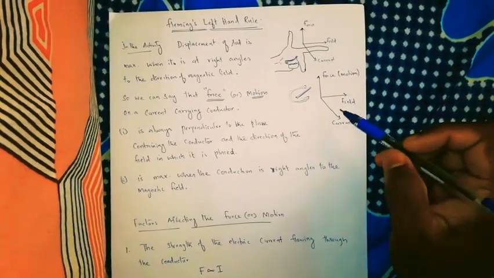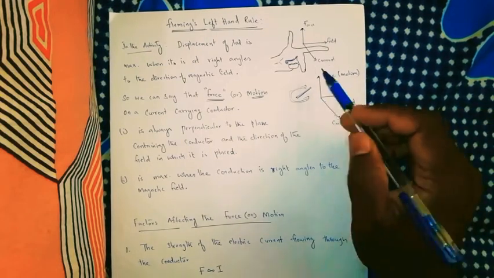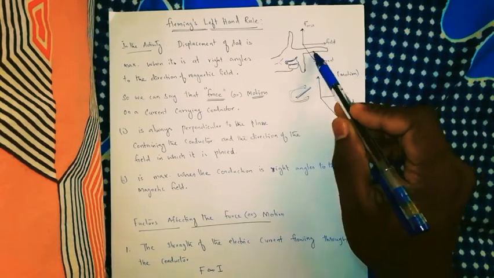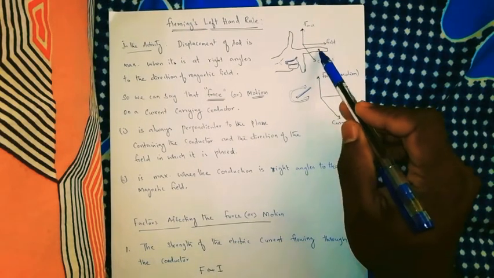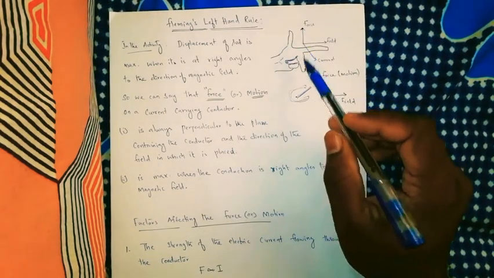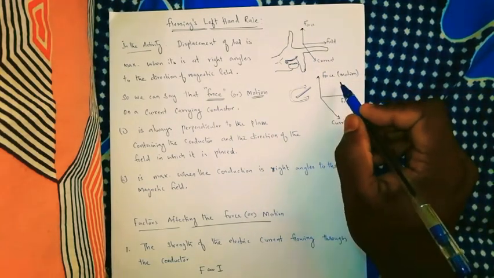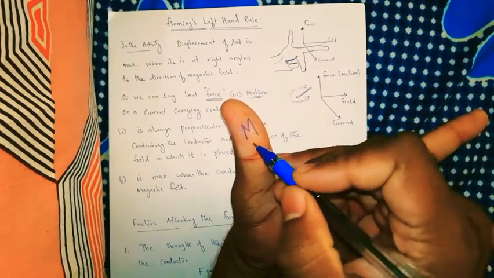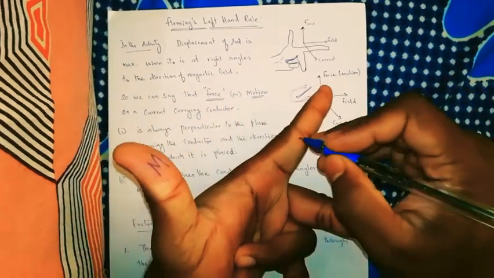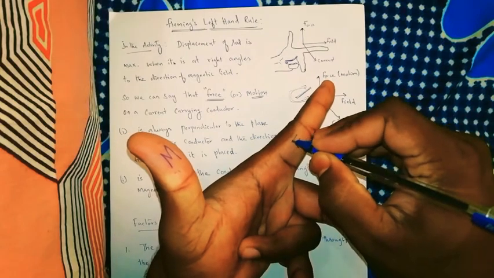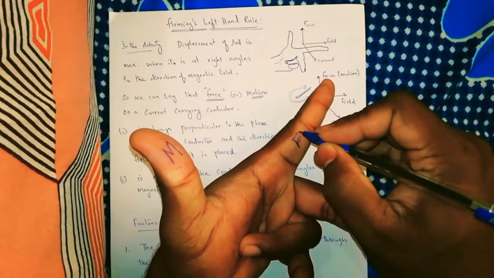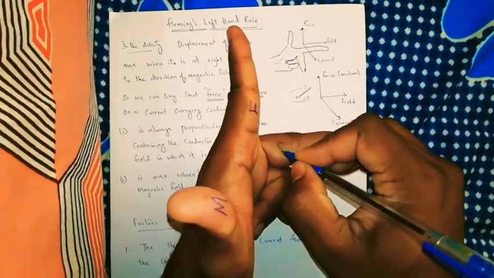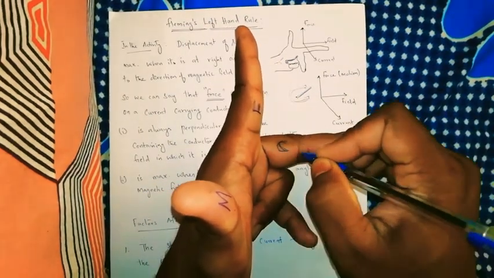The left hand rule says that the middle finger is the current, the field it shows is a magnetic field, and the force. Even you can keep an example like that: M for motion, mother; this is the magnetic field, so it's father; and this is a child, in other words C is a current.